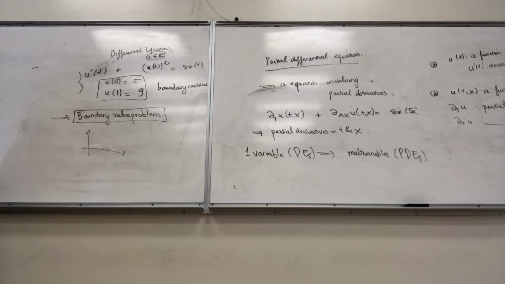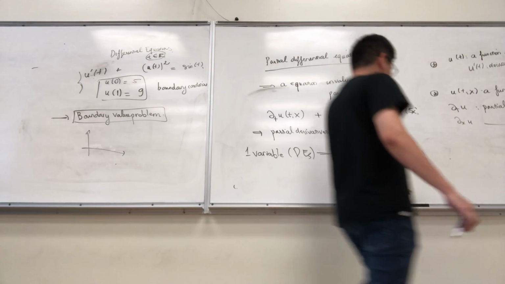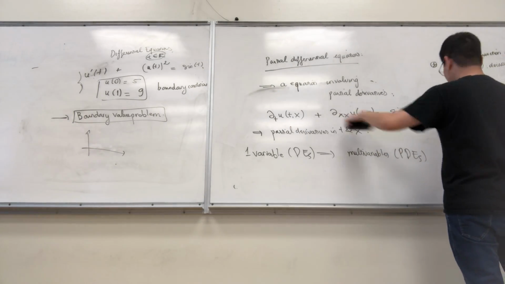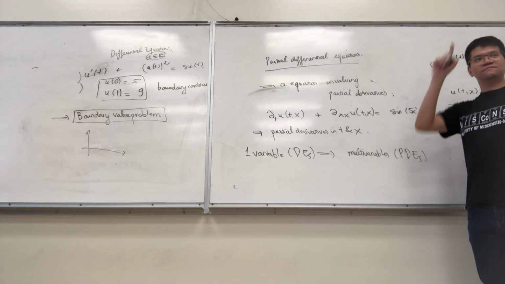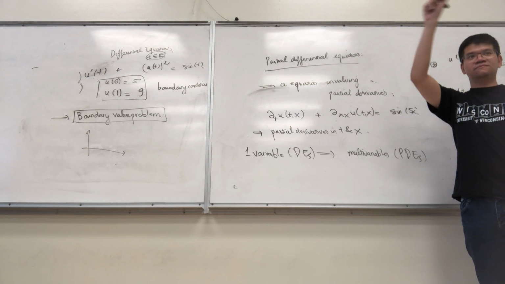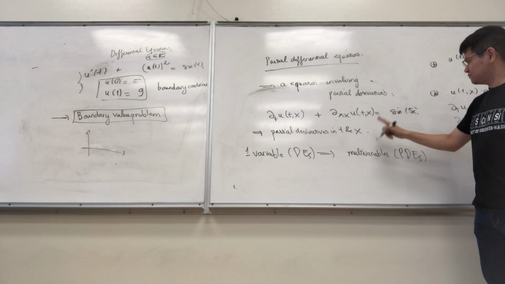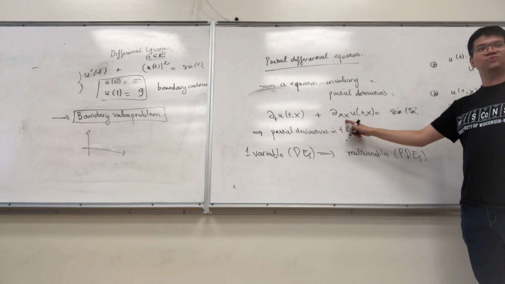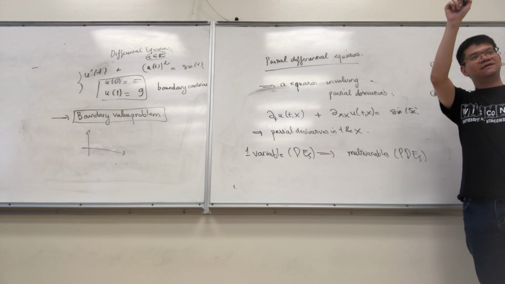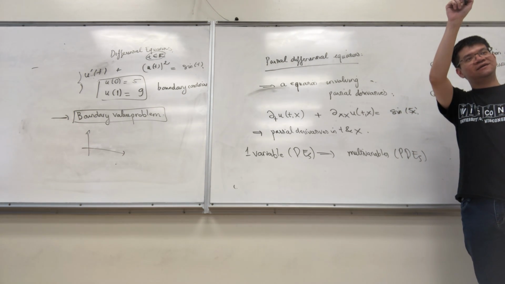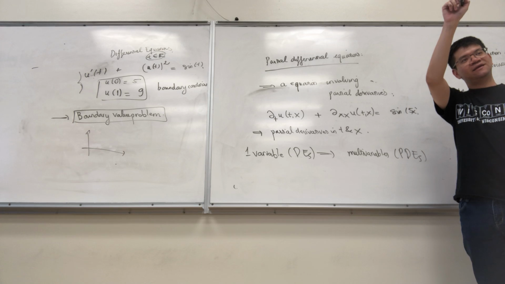Yes? In that partial derivative there, what does it mean when there's two x's? So what is the xx here? Who knows? Yes. You differentiate with respect to x. Yes, but what is the meaning of the second x? You differentiate with respect to x and then differentiate again with respect to x.